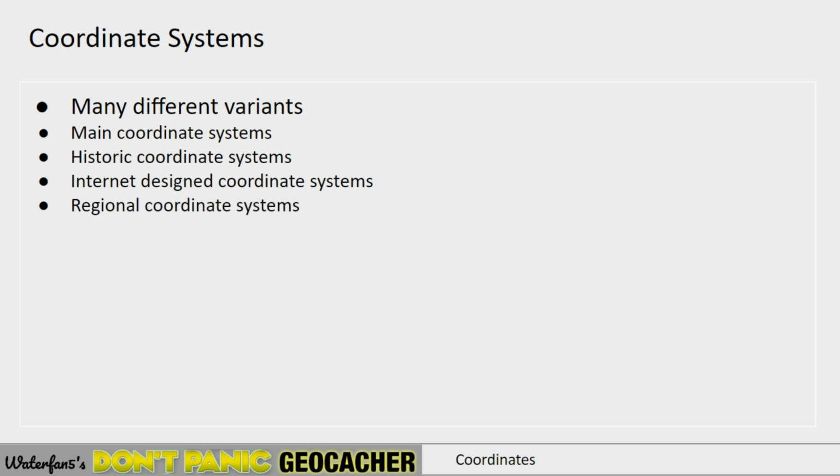In certain countries or certain areas of the world, there might be coordinate systems that are just as popular as the main coordinate systems. And so if you travel or if you are located in some of those countries, it's important to know the regional variants that exist because a lot of puzzles may not tell you that they are using the regional variant, but you still need to know them. Otherwise, you may not recognize the numbers that you're getting and how to convert them to a useful coordinate for you.